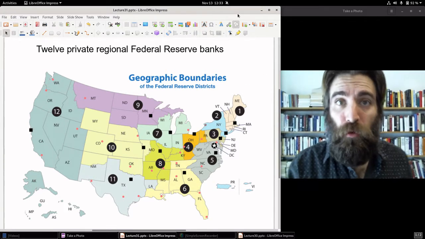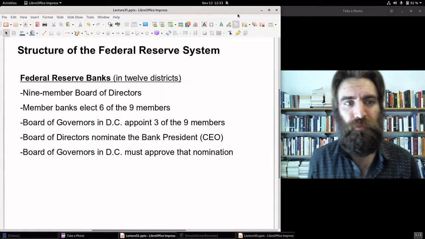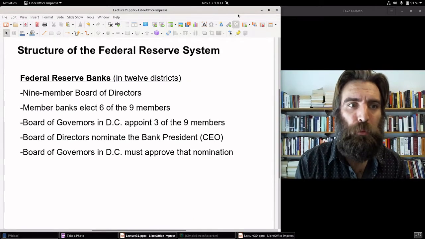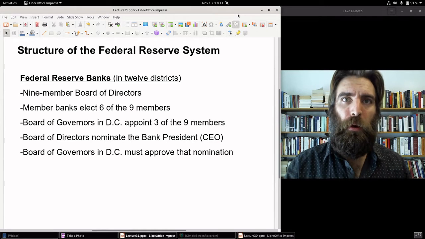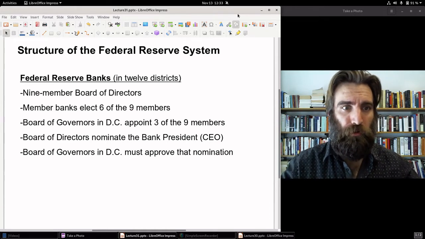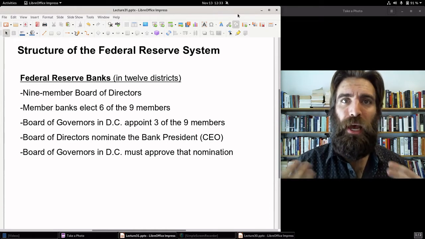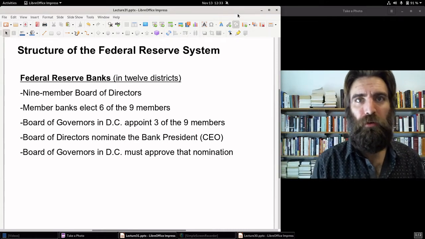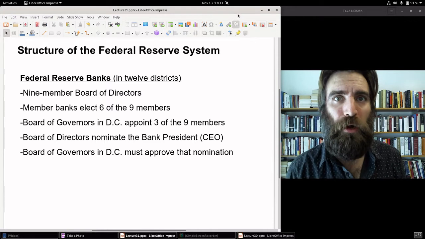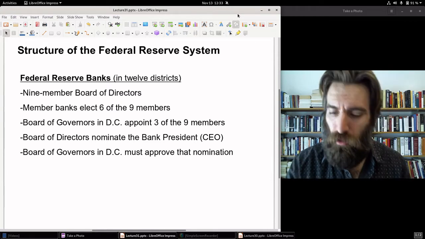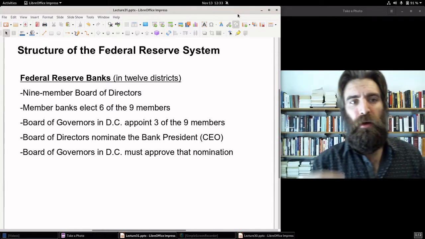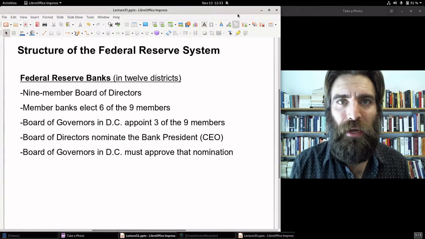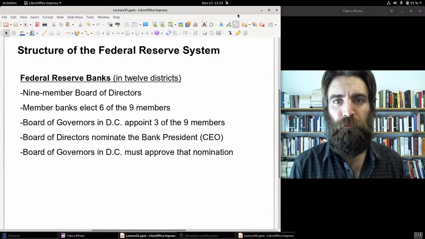Now, what are these Federal Reserve banks? Well, to begin with the structure of the banks, each bank has a board of directors, and it has 9 members. Now, how are those 9 members of the board of directors selected? Are they nominated by the U.S. president? No, they are not. 6 of the 9 members are elected by the member banks in that district.